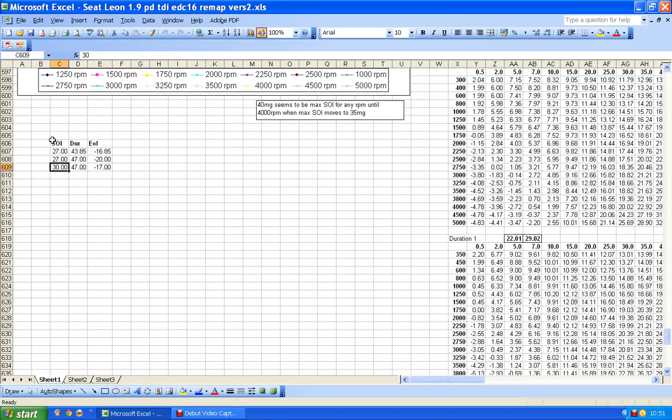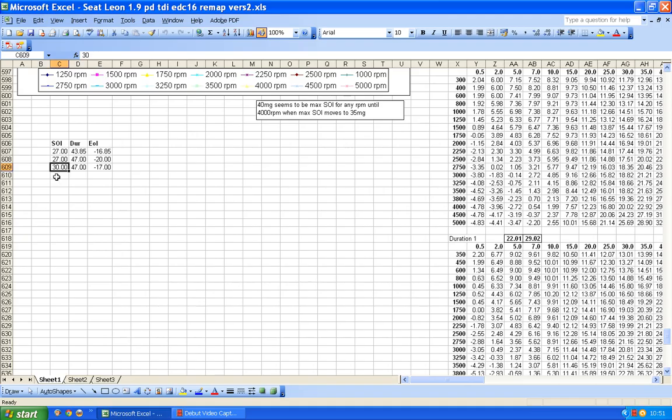But what if I get this a little bit too advanced? If I get this a little bit too advanced, I might inject just enough fuel at just the right time to stop the piston dead in its tracks. And so the engine literally stalls under the power of its own explosion.